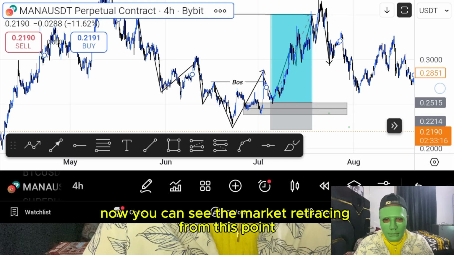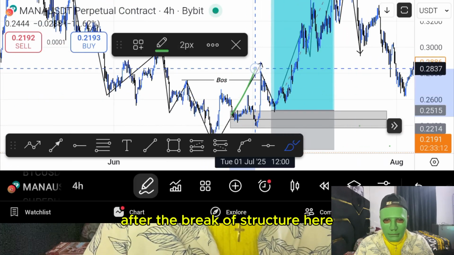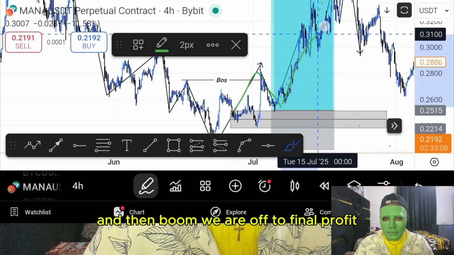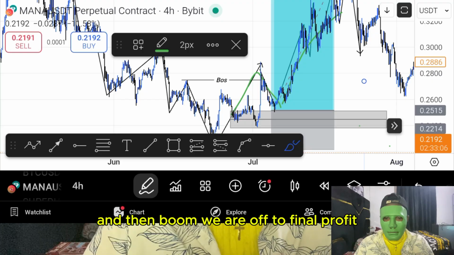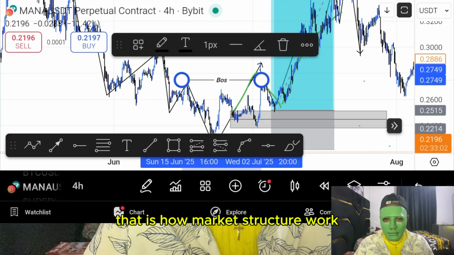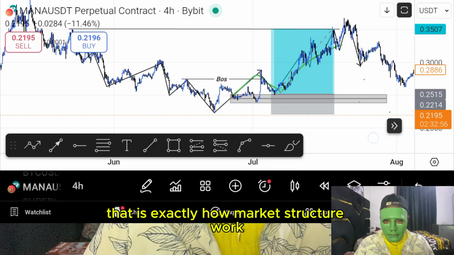Now you can see the market retracing from this point after the breakout structure here. You can see the market retracing and kick you in, and then boom, we are up to final profit. That is exactly how market structure works, and that's exactly how you can target and trade market structure.